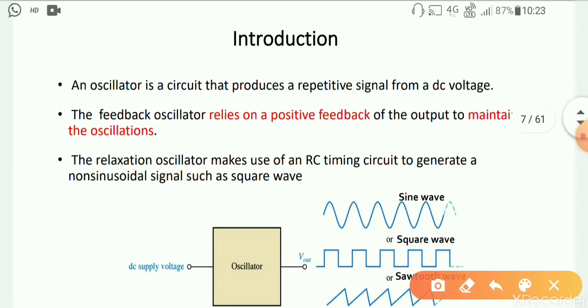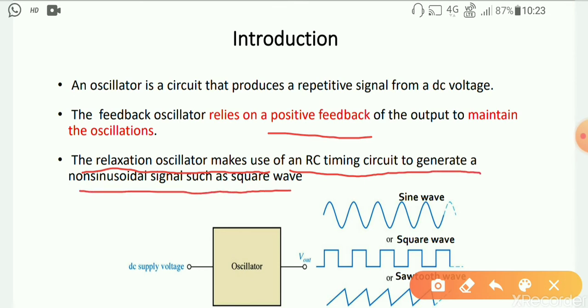To maintain the oscillation process, feedback should be positive, and the relaxation oscillator makes use of an RC timing circuit to generate a non-sinusoidal signal such as a square signal.